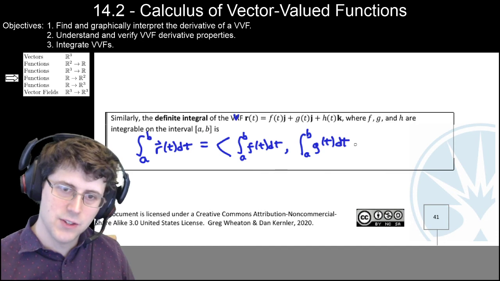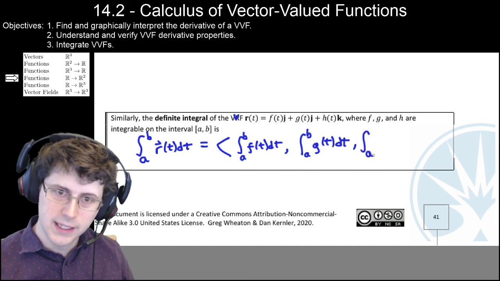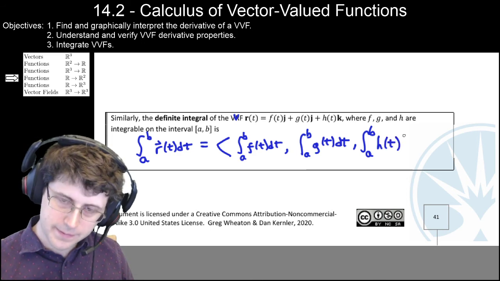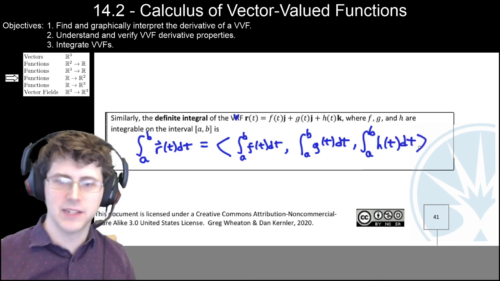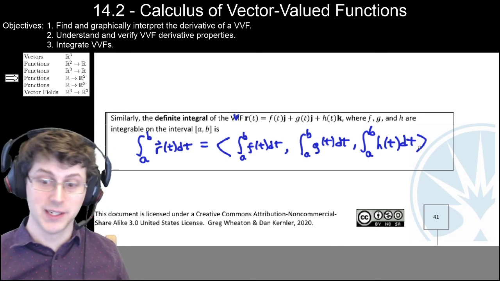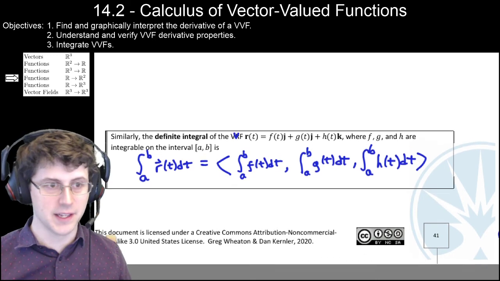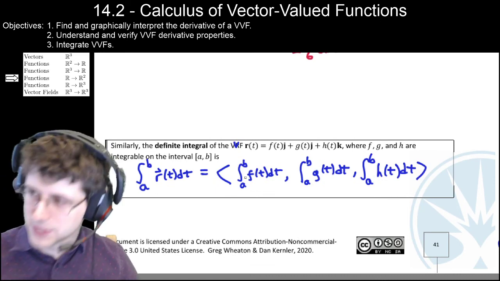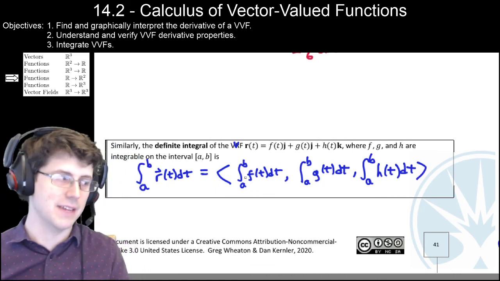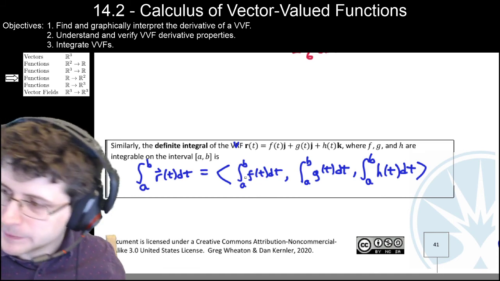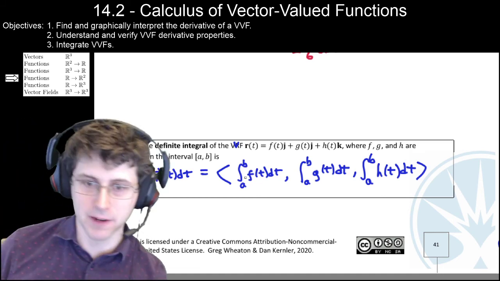And that's the main thing you should take away here: if you want to do calculus to a vector-valued function, you basically do it by doing calculus to each component individually. I don't think we even have an example for this, because we normally won't just integrate a vector-valued function. We'll have some reason to do that. And those reasons are in 14.4 and 14.5.